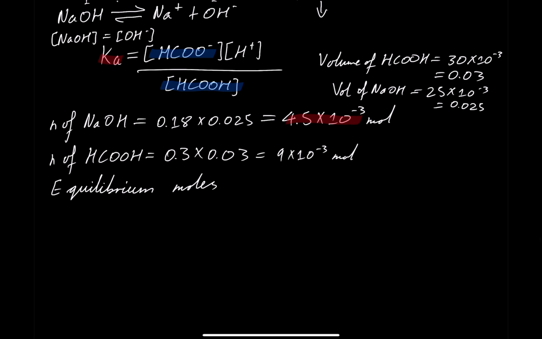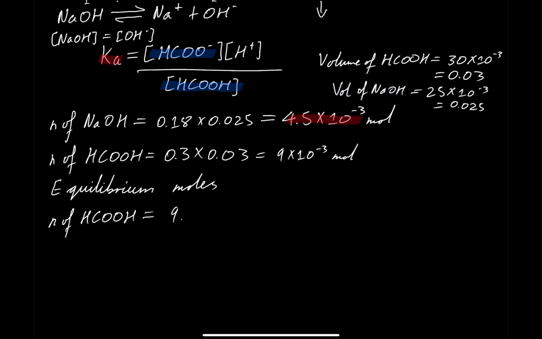As you can see with the equilibrium moles here, I have to work out the equilibrium moles. So moles of methanoic acid, we already have it here, is 9 times 10 to the power minus 3. That's the original moles of methanoic acid in our solution. But we already said it's going to decrease by 4.5 times 10 to the power minus 3 moles for the reasons I've already said.